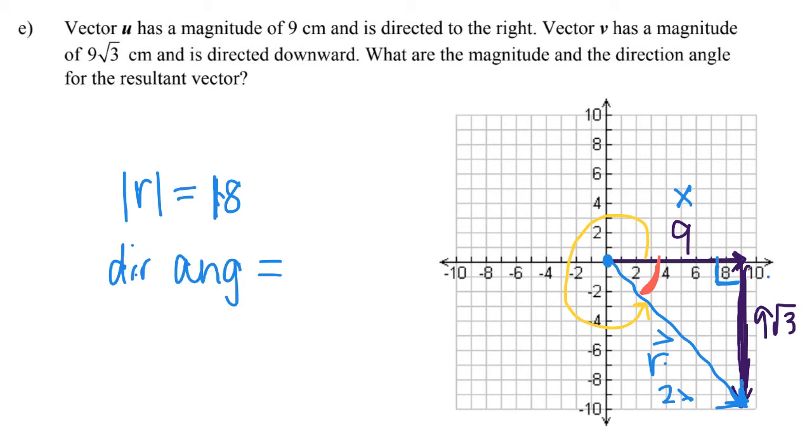Which angle is across from the root 3? That's going to be our 60 degrees. I only need what's in yellow, so all the way around is 300. I back up 60 degrees, and that gives me a direction angle of 300 degrees.